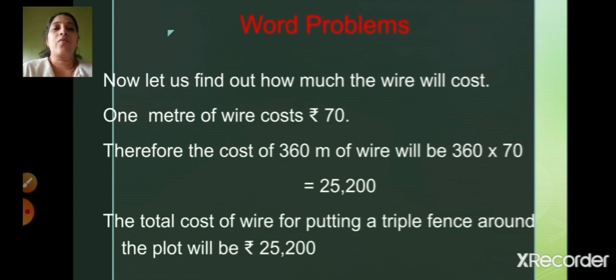And just before ending this session, let's again revise the formula. Right? Let's recap the formula. Formula for calculating the perimeter of the rectangle is 2 into length plus 2 into breadth. And formula for calculating the perimeter of a square is 4 into length of one side.